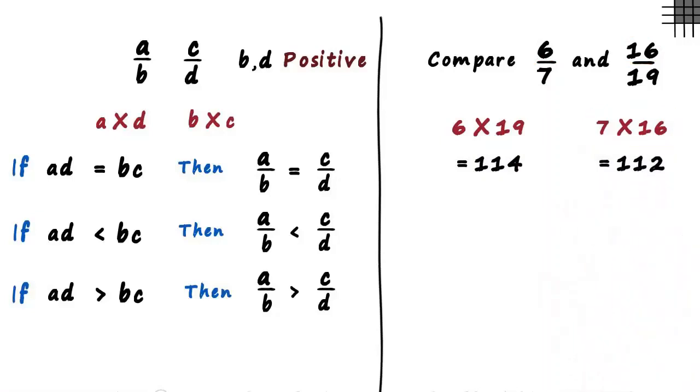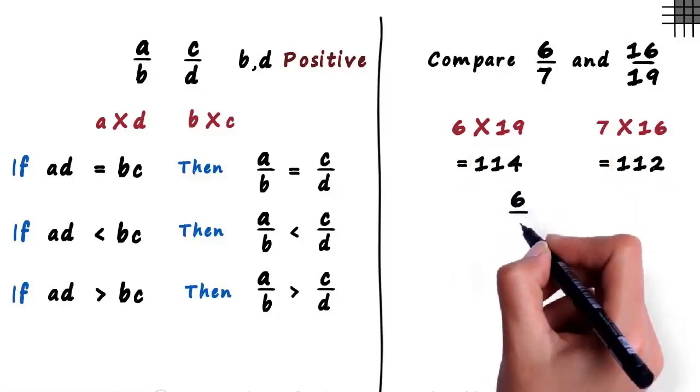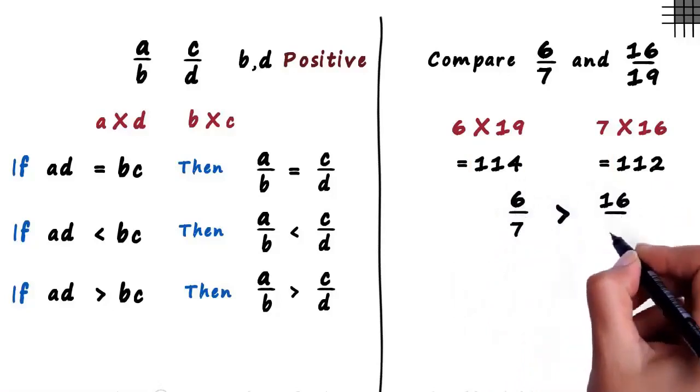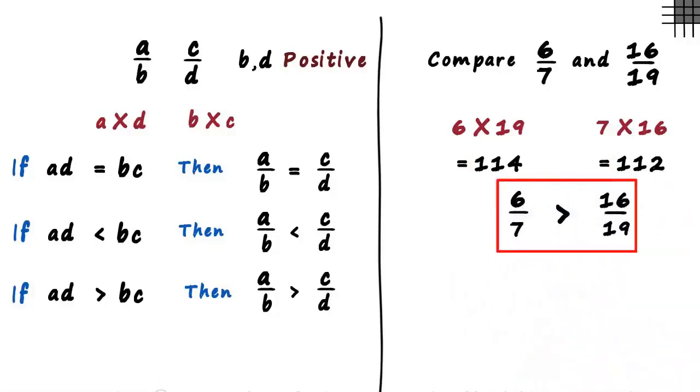As we can see that 114 is greater than 112, we can be sure that 6 by 7 is greater than 16 by 19. That's how simple comparison of rational numbers is.